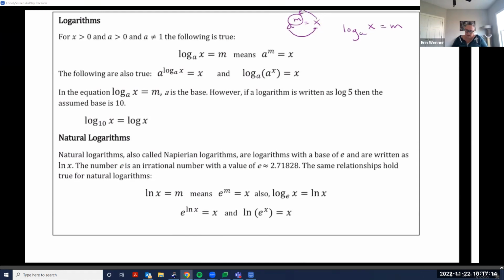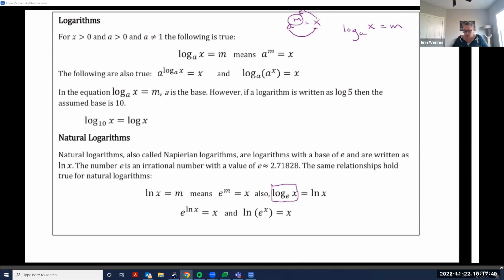And again, the same relationships hold true for natural logs that hold for other logs. You'll notice here, I wanted to draw your attention, we can write log base e of x, and it's equal to ln of x. The notation means the same as long as you're making sure that you're using e for the base. If you were to put this into your calculator, you would do log of x divided by log of e.